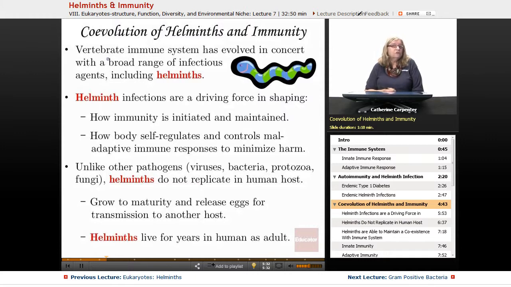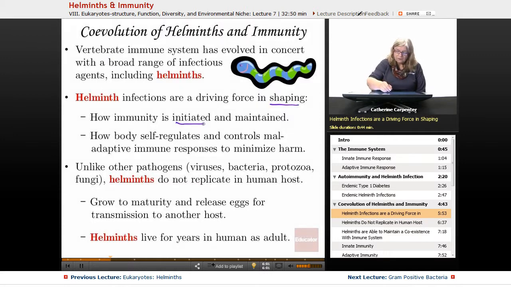As bacteria develop more and different kinds of strains, the immune system co-evolves along with them, so that these new strains can be identified and immune responses tailored to those particular pathogens. So the helminths in particular, as I discussed, have been a driving force in shaping how immunity is initiated and maintained.